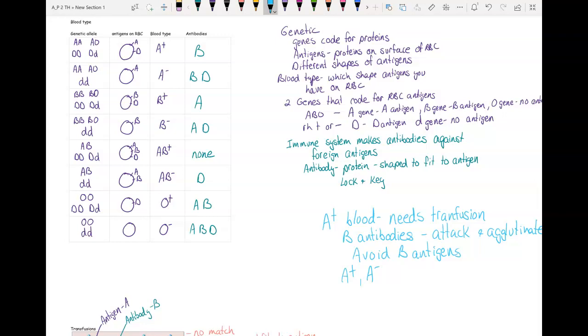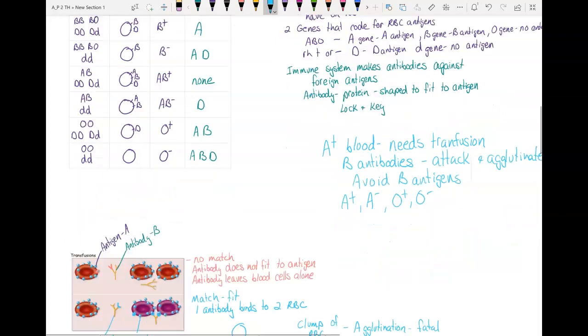B negative has B antigens. That one's out. ABs, the AB positive and AB negative, both have B antigens. So those are out. The O's, neither one have any B antigens. So those are both good. So if you have A positive blood, there's a list of blood types you can receive in a transfusion.